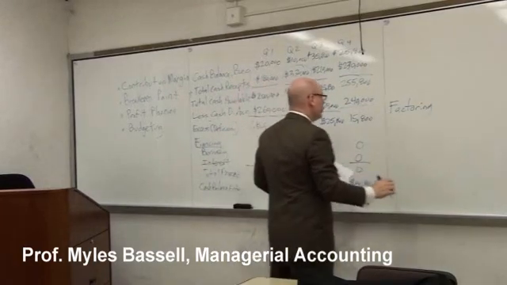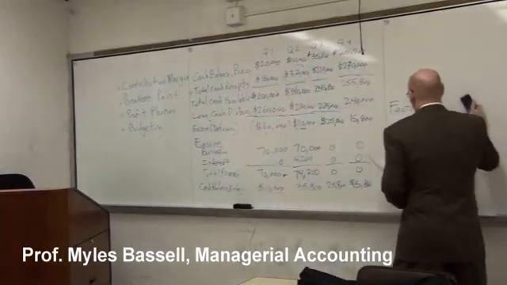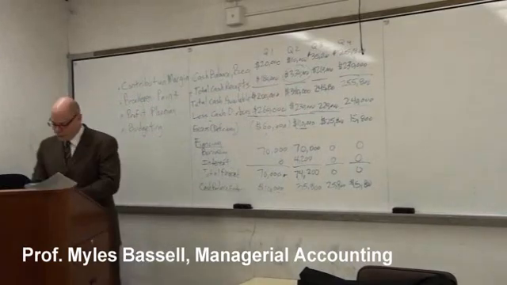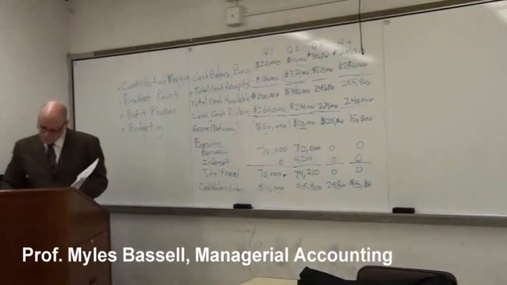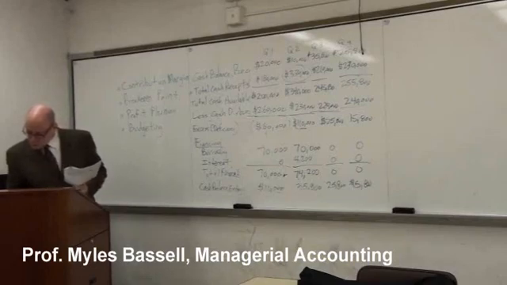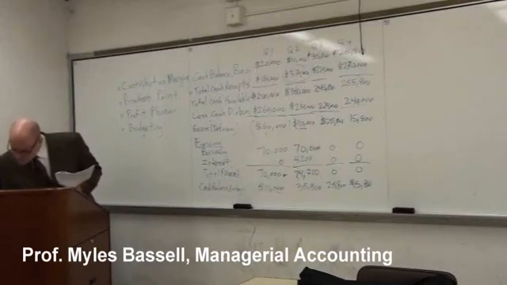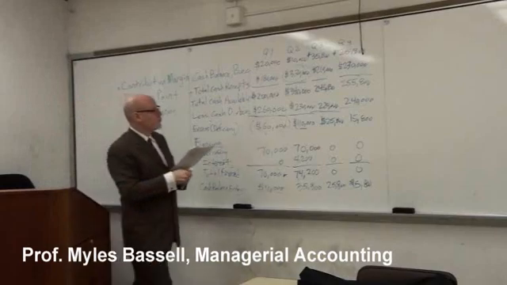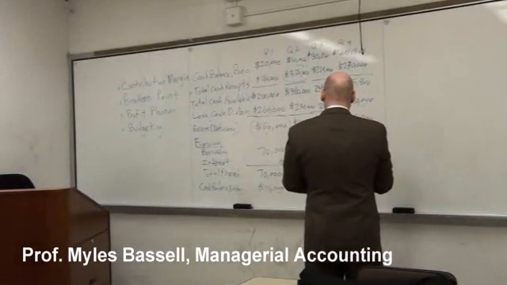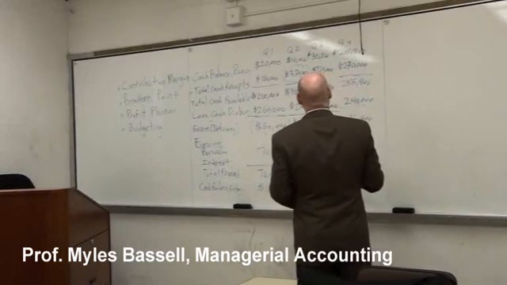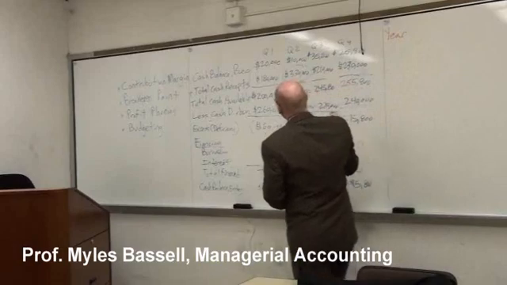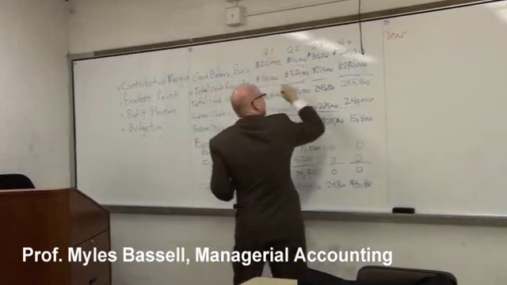What about for the year? Let's quickly look at the year. So our cash balance, all right, for the year, at the beginning of the period, that's not going to change.